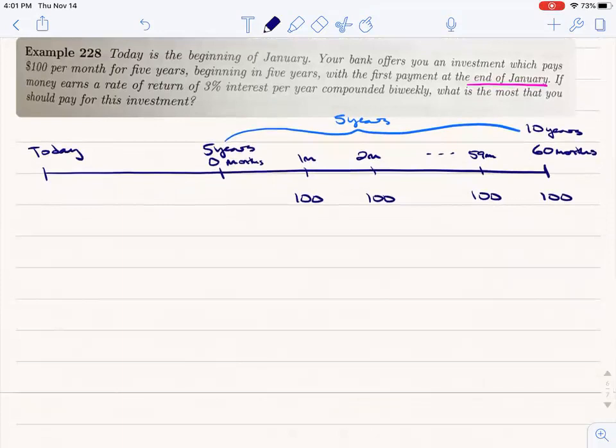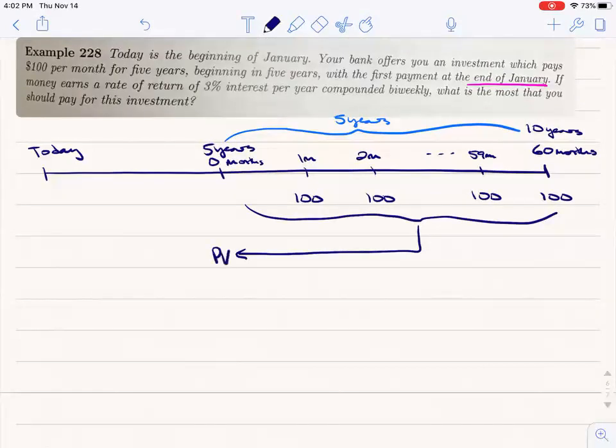Hopefully that's not too confusing. So these are going to trace back to just an ordinary present value, some PV.